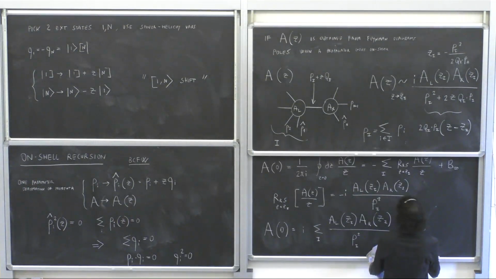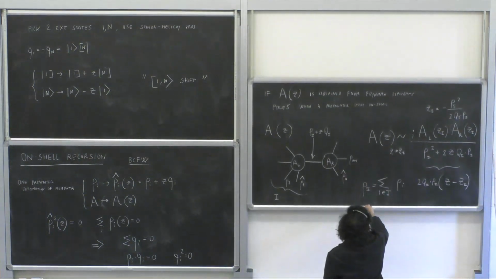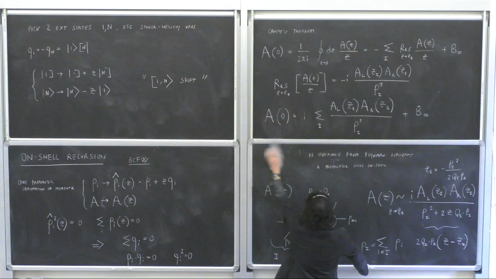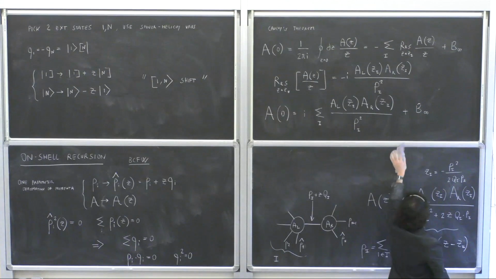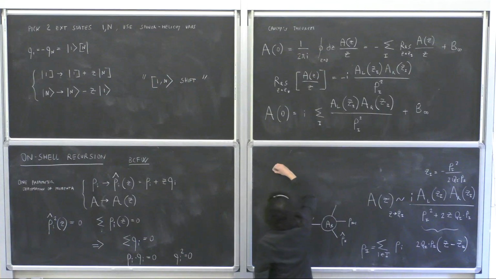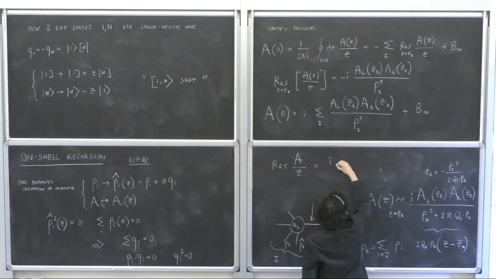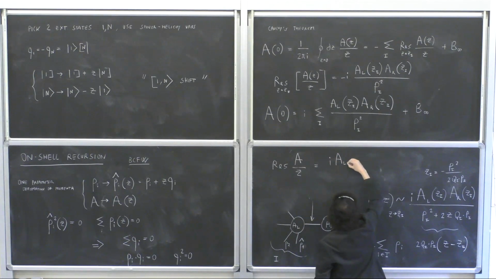All right, let me try to find some room. Okay. So the evaluation of the residue becomes, we have the residues of A divided by z. So the evaluation of the residue becomes A_L, A_R. But here we have z_i.